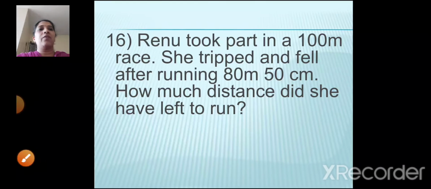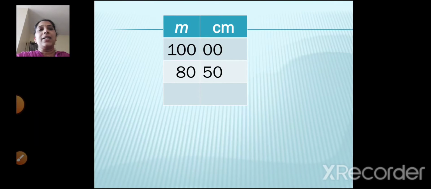So again we will make two columns, meter and centimeter, right? So the race was how much? 100 meter. So we have written 100 in the meters column, 0 0 in the centimeter column. And how much distance did Renu run? She ran 80 meter and 50 centimeter. So 80 I have written in the meters column, 50 written in the centimeter column.